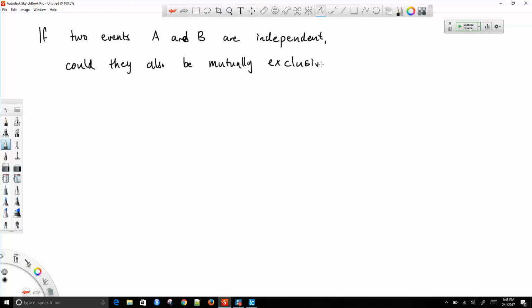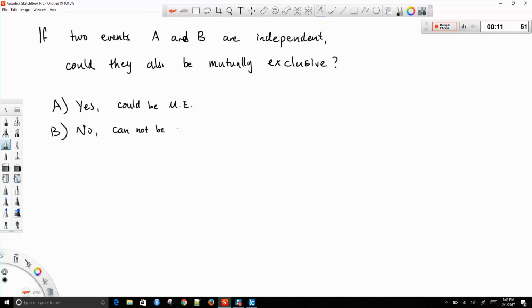This will be a yes or no question. So A will be yes, they could be mutually exclusive, and B will be no, they cannot be. Okay, if A and B are independent, could they be mutually exclusive? Go ahead and talk to your neighbors.